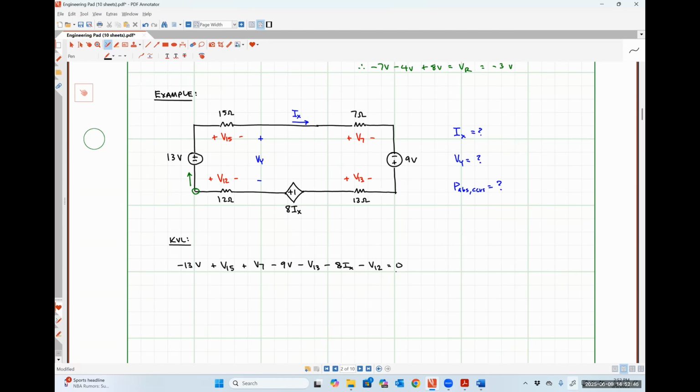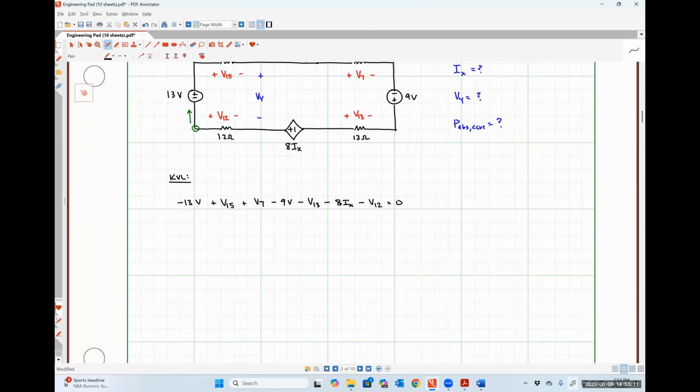Okay. So I should be able to use Ohm's law to express all of those resistor voltage drops in terms of that common current IX and take this one equation, five unknown system down into a one equation, one unknown thing just using substitutions.